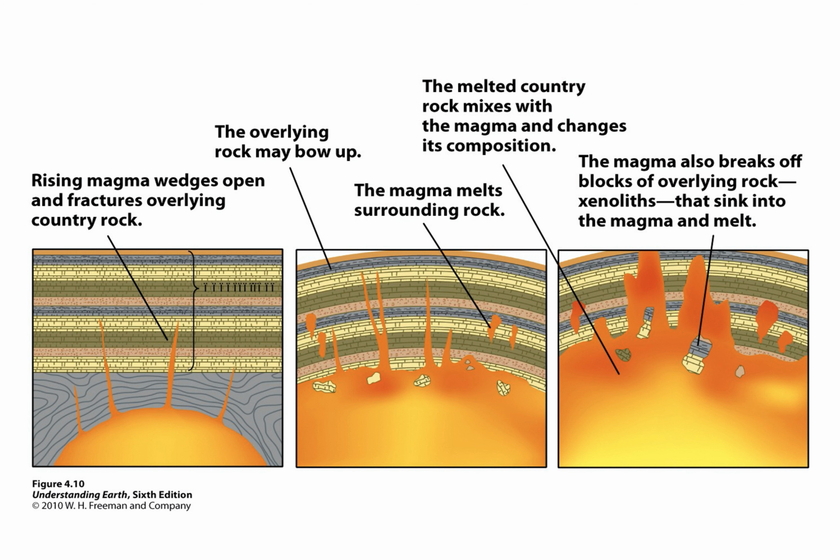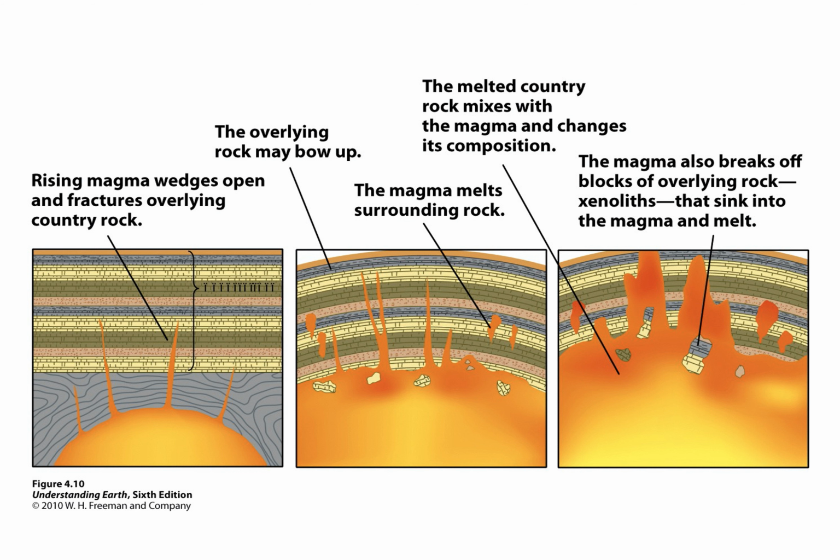And the magma melts the surrounding country rock, and there we are talking about contact metamorphism. That is the thing: metamorphic petrology and igneous petrology are very, very close to each other.